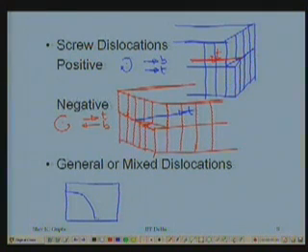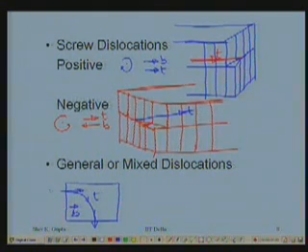This is a curved line, this is my T vector. Let us say my T vector goes in this direction. So here the T vector is going in this manner, here the T vector is going out in this manner, and the B vector, the direction along the dislocation line, remains the same everywhere.